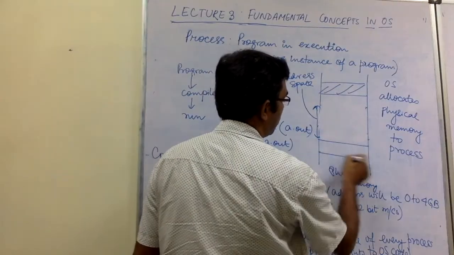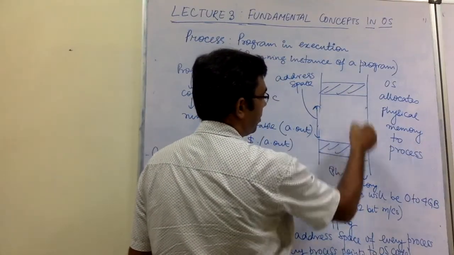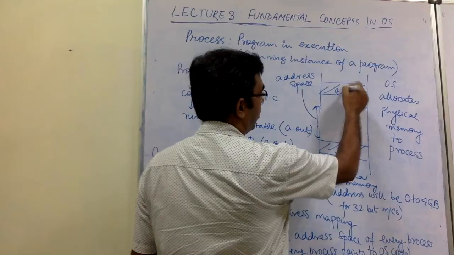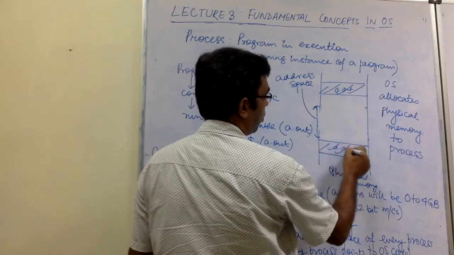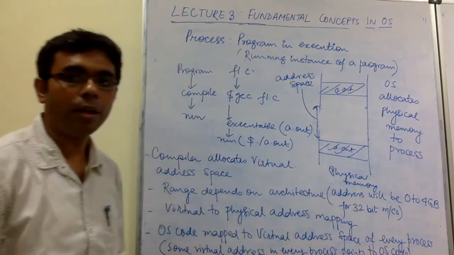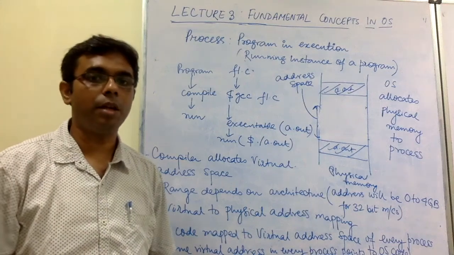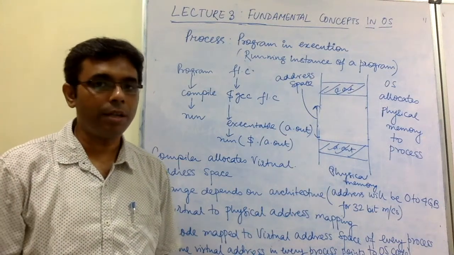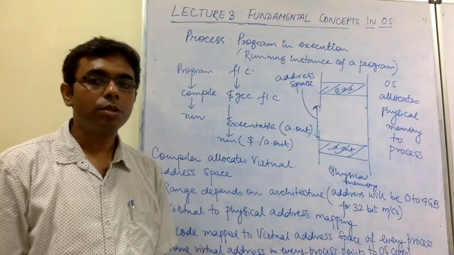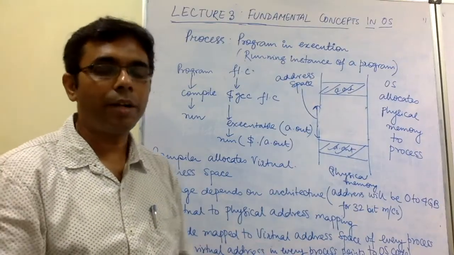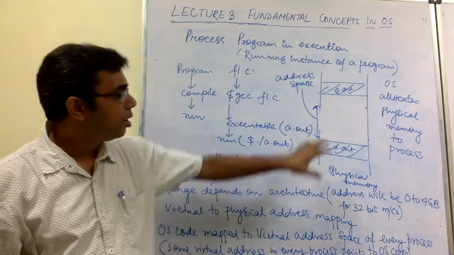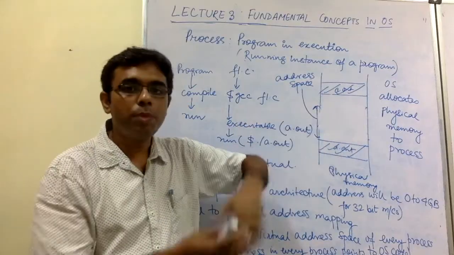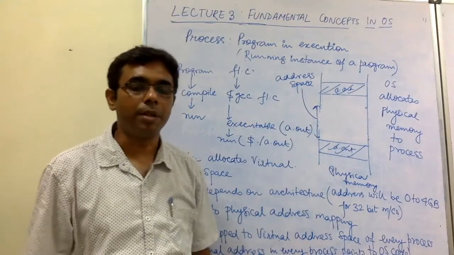Some part of this a.out may be here, some part may be here. Both of them are portions of this process called a.out. So it may be contiguous, it may be distributed. Distributed storage of the process allows other processes to be allocated within the physical memory.